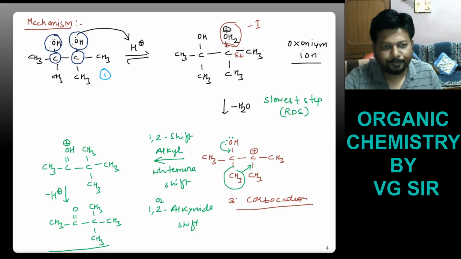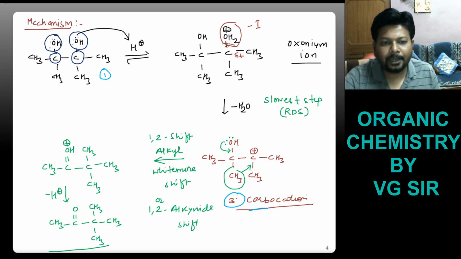So the first query of this reaction is which hydroxyl group will be protonated if these substituents are different. Is that clear? Second thing, there is already a 3-degree carbocation being formed in this reaction. So why is it showing rearrangement and getting converted into a 2-degree oxonium ion?